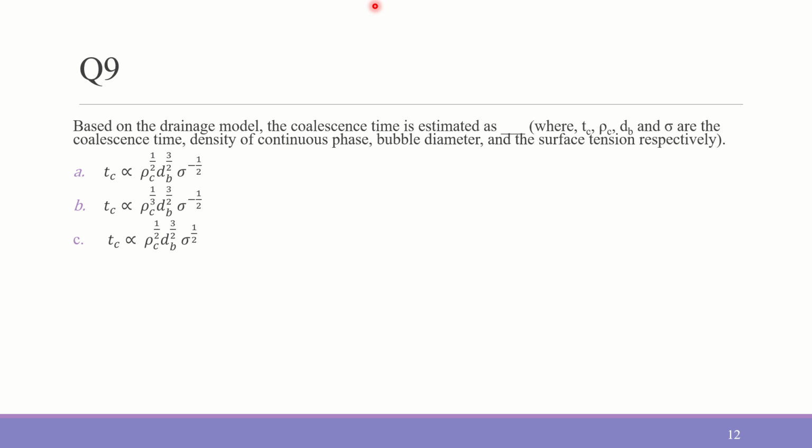Option C, Tc is proportional to rho c to the power of 1 by 2, dB to the power of 3 by 2, and sigma to the power of 1 by 2. And the last option, Tc is proportional to rho c to the power of minus 1 by 2, dB to the power of 3 by 2, and sigma to the power of minus 1 by 2.